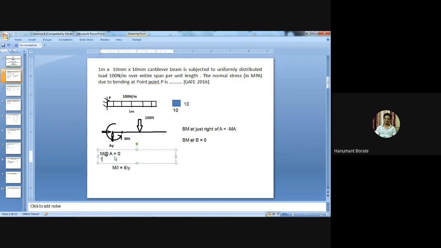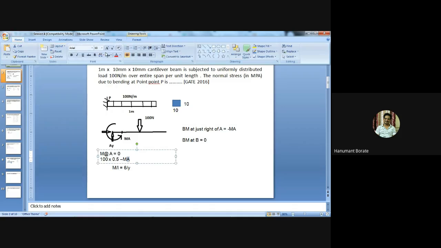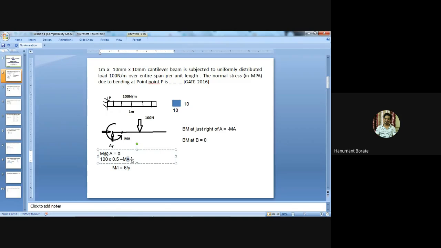Then the moment of the 100 Newton force is 100 into 0.5, and this moment is clockwise, so positive, and we need to include minus MA. I will write here small a, equal to 0. So in this way we'll get the value of MA.